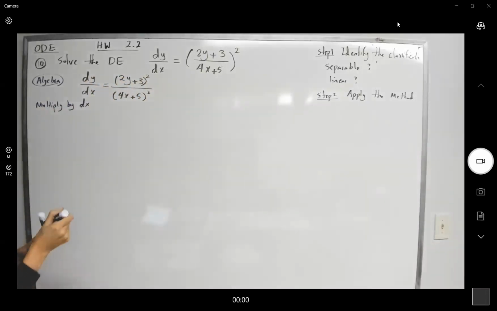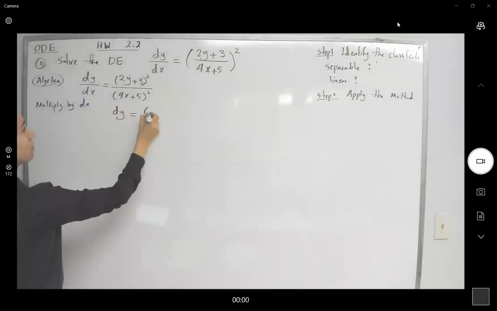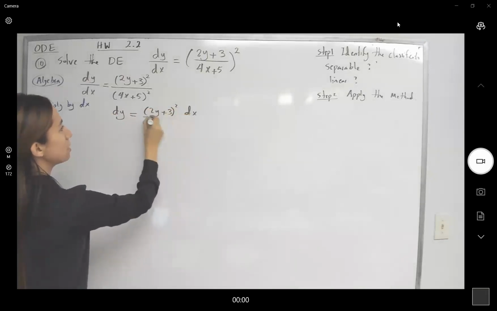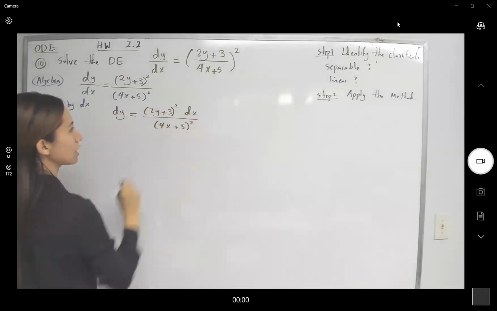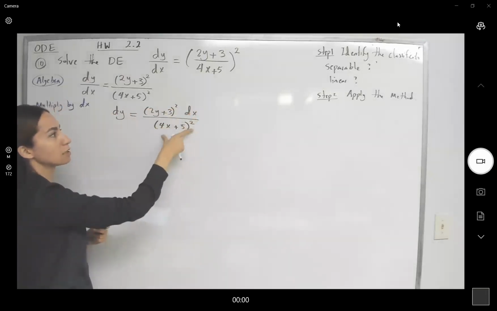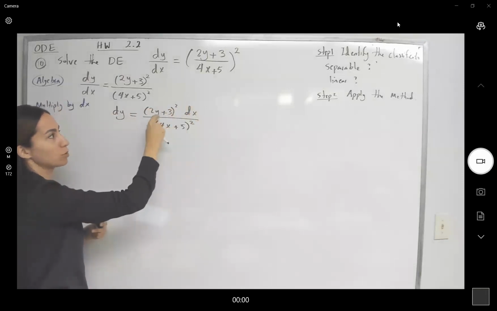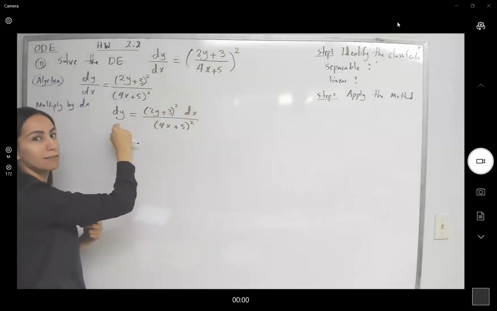And what we get is dy equals (2y plus 3) squared dx divided by (4x plus 5) to the second power. I have dx divided by (4x plus 5) to the second power, so I'm good with this part, but I see an expression in y on the right-hand side, which needs to be on the left-hand side.